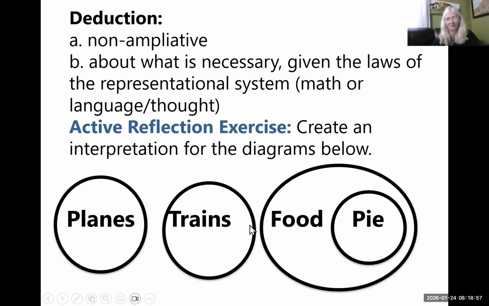We've got a circle with planes, a circle with trains, a circle that has food but also has a circle inside it that has pie. So I want you to create an interpretation for what the diagrams imply logically. There's no right answer necessarily. I'm just trying to get you to look and to conceptualize.